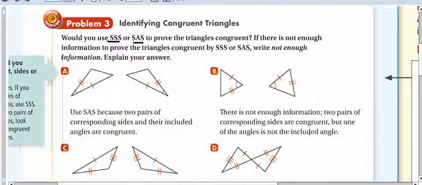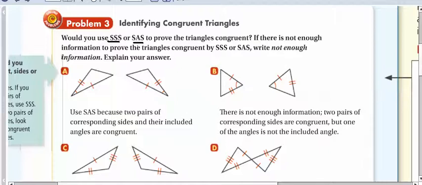Raise your hand if you didn't raise your hand. Okay. Good. Can you use side, side, side? Yes. Side, side, side, congruent to side, side, side. Well, what's the difference between these two pictures? They're made by 2 of the same lines. Doesn't matter.